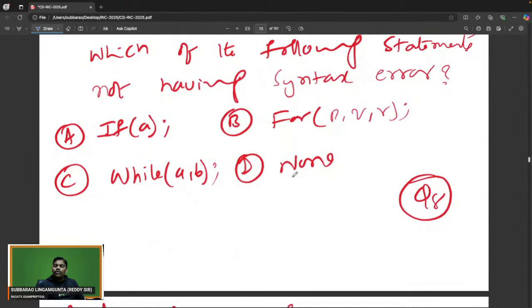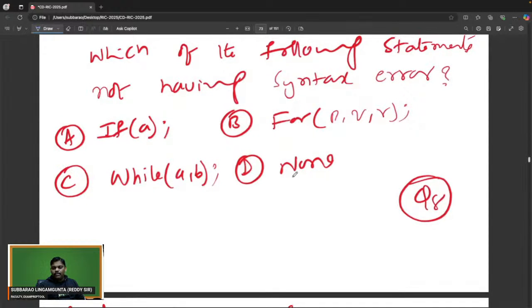Which one of the following statements is not having syntax error? Can you try this?